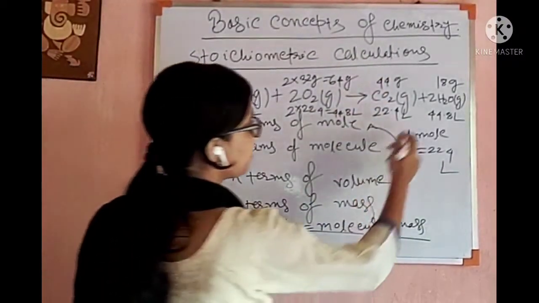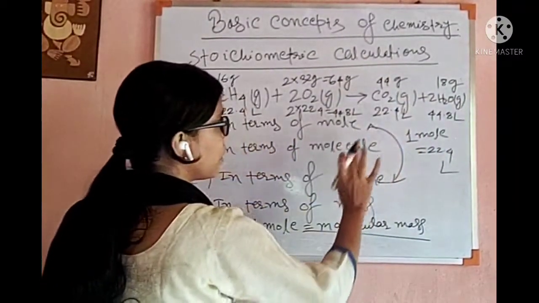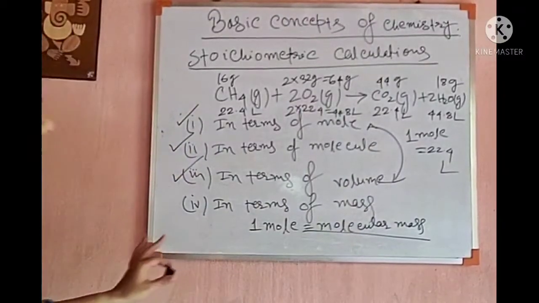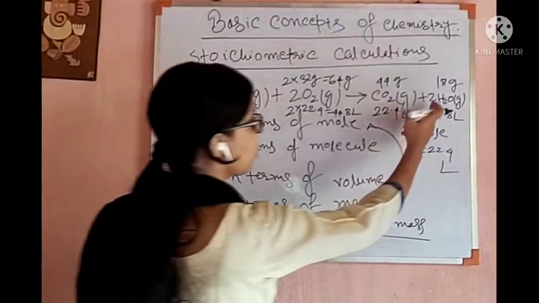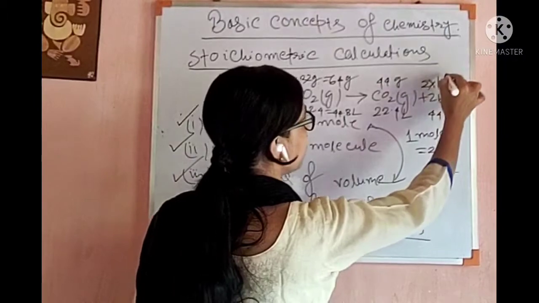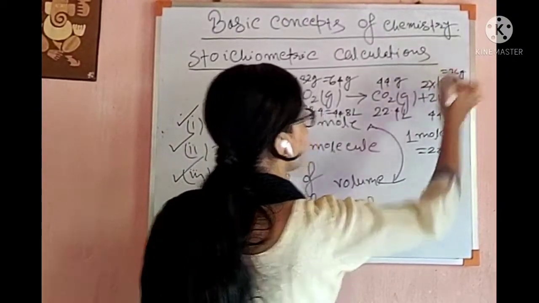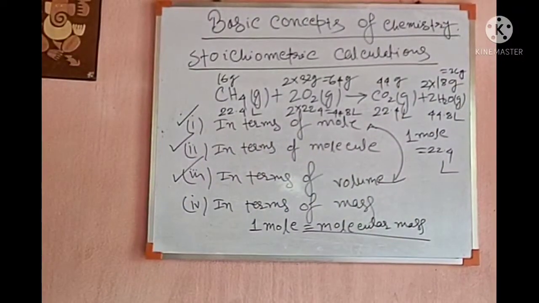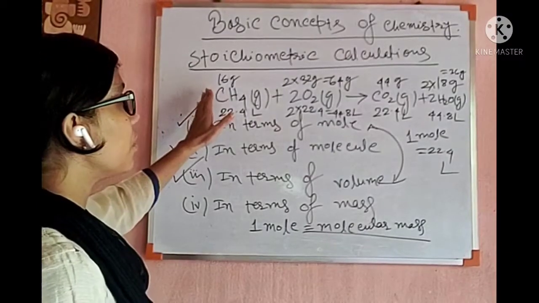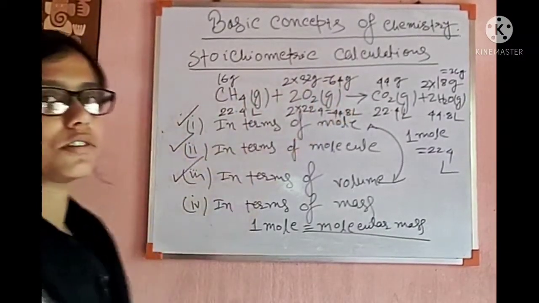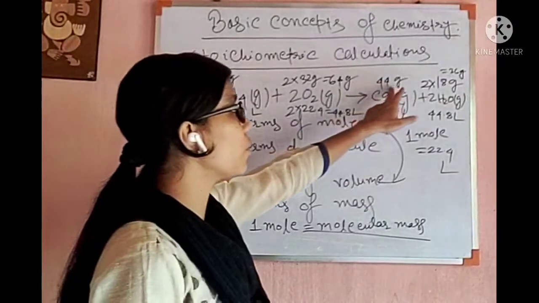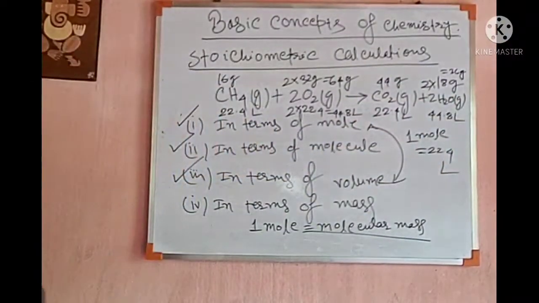Carbon dioxide is 1 mole, that is 44 gram, but for water it is 2 mole, so 2 into 18, that means 36 gram. So in terms of mass, you will say 16 gram of methane reacts with 64 gram of oxygen giving 44 gram carbon dioxide and 36 gram water.